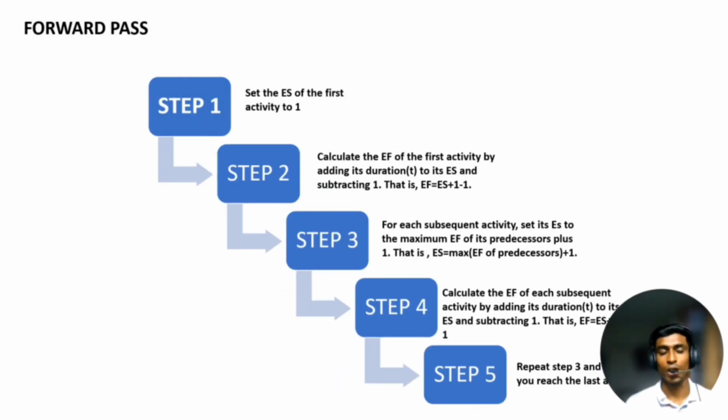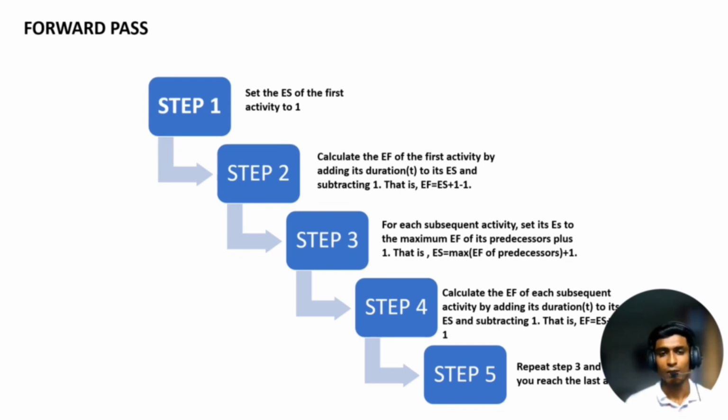Okay, there are 2 types of calculation. One would be forward pass. Okay, there are 5 steps in forward pass. The first would be set the ES of the first activity to 1. Second step would be calculate the EF of the first activity by adding its duration to its ES and subtracting 1.